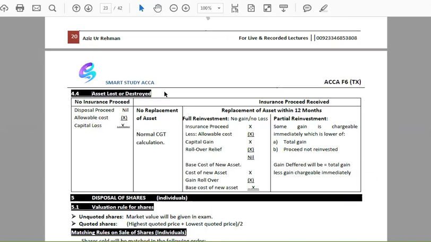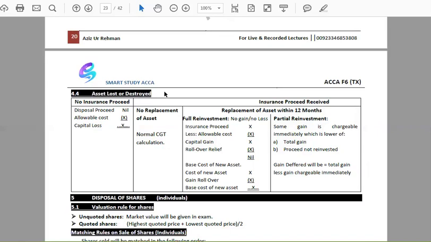For example, maybe due to an accident of fire, the whole asset has been destroyed. So either in case of theft, loss or destruction, the same tax implications will be applicable.